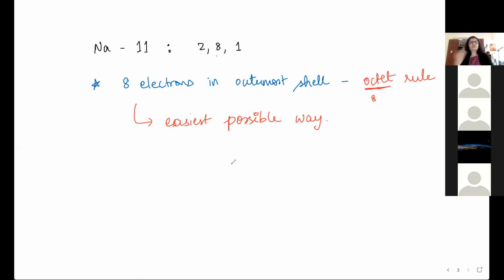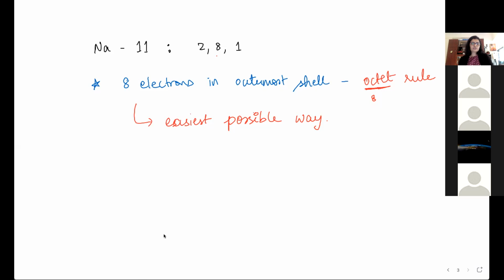Whether it is losing electrons, gaining electrons, or sharing electrons also. That's what non-metals do. Like that's what happens in water, carbon dioxide, all the carbon compounds. Carbon will never lose or gain electrons. It will share its electrons with another atom in order to get 8 electrons in the outermost shell.